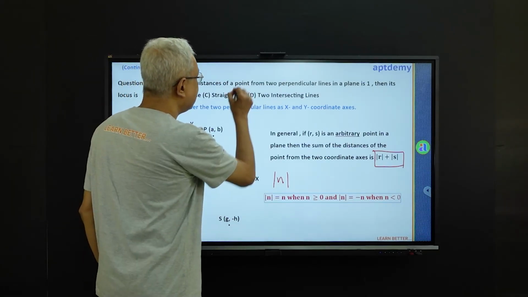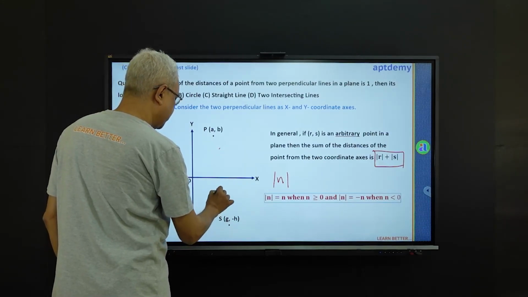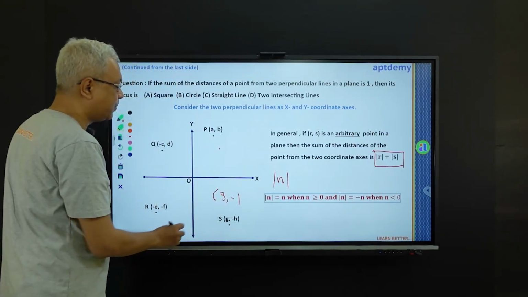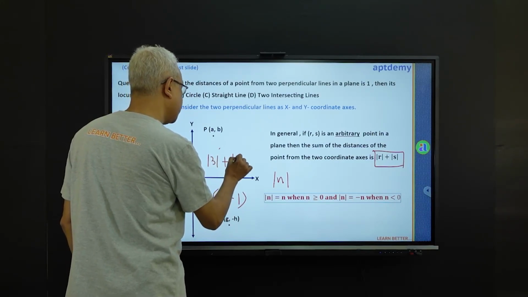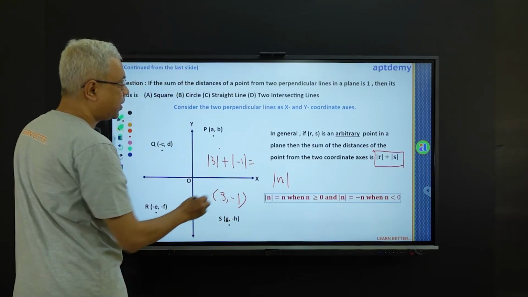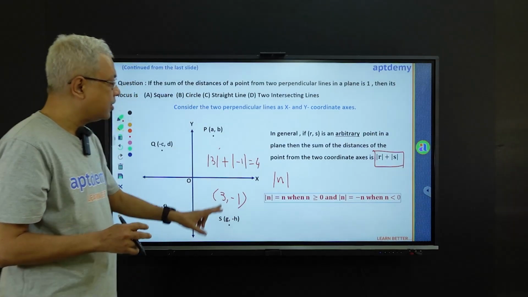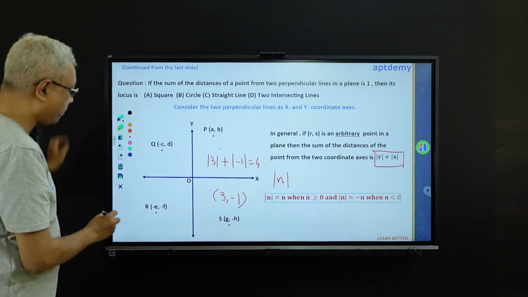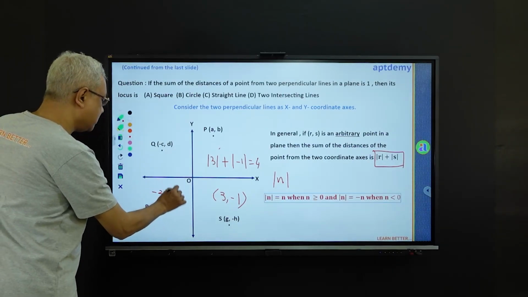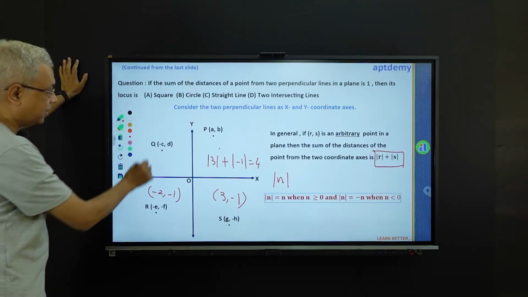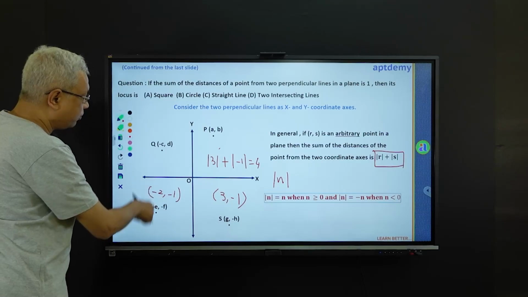So when I say that a point's coordinate is, say for example, 3, minus 1, that means mod 3 plus mod minus 1. So it is 3 plus 1, 4, because mod 3 is 3 and mod minus 1 is 1. When the point lies, say, in the third quadrant, with coordinate minus 2, minus 1, then what is the sum of the distances of the point from the coordinate axes?